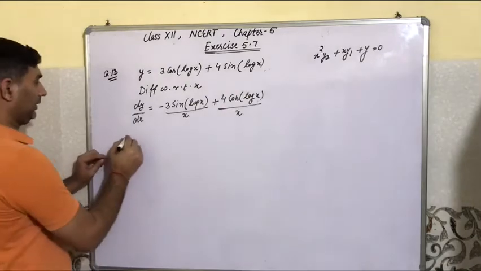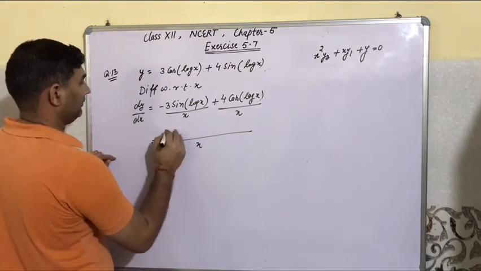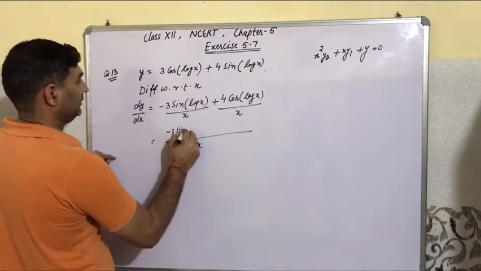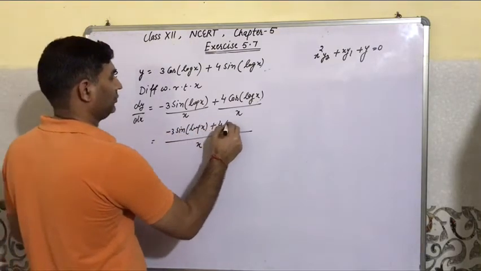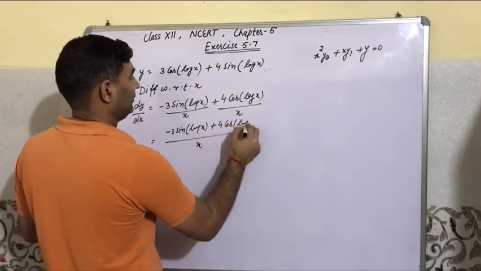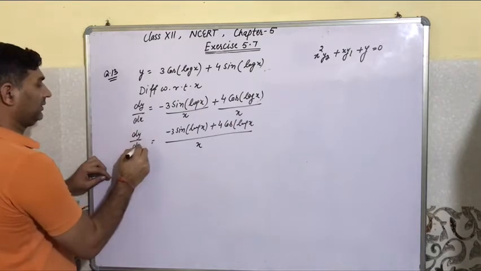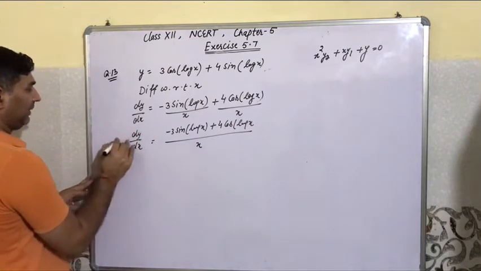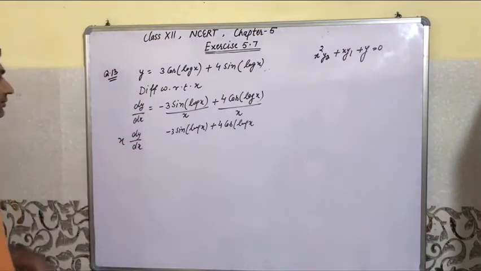And then taking LCM of x is minus 3 sin log x plus 4 cos log x upon x, and dy by dx, and this term is multiplied to this, and then the term is this.